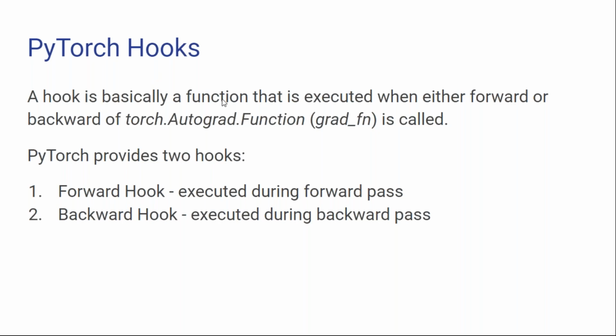A hook is basically a function that is executed during a forward or a backward call, using the autograd function. So what you do is put a forward hook on your activation maps and also a backward hook.